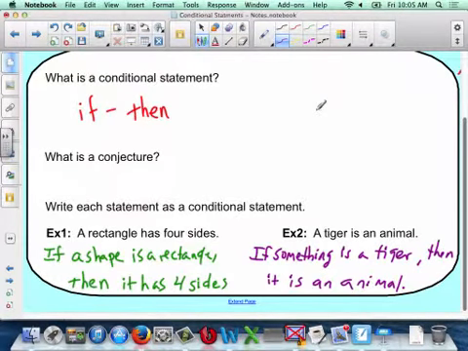Something that's a tiger. But doesn't that mean that if you have a stuffed animal tiger, it's an animal? Here's the important thing to note: we're not saying that these are true statements. All we're doing is writing this as a conditional statement.